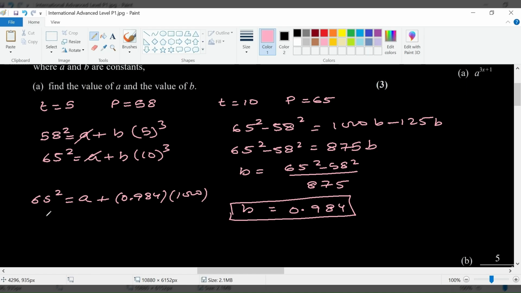So 65 squared will be equal to A plus 984. Once we do the calculation, A will be equal to 3241, which is the answer for A and B, so that you can secure part A.